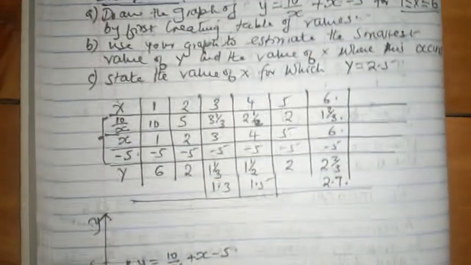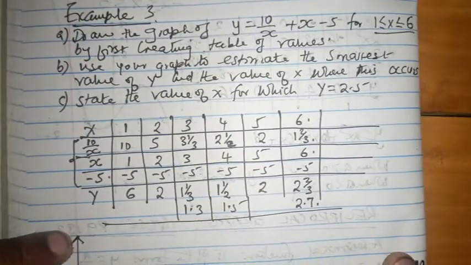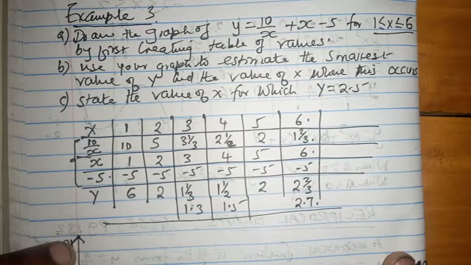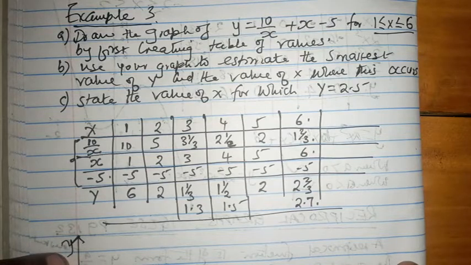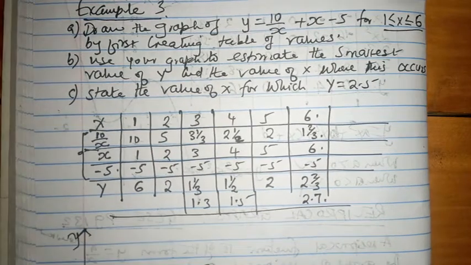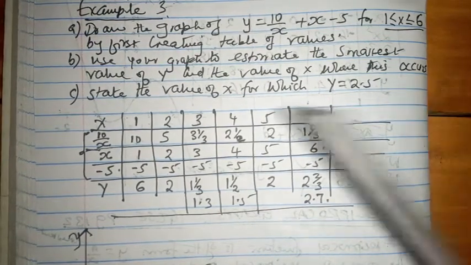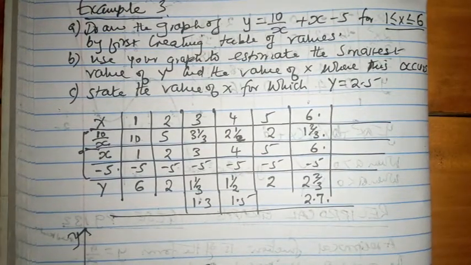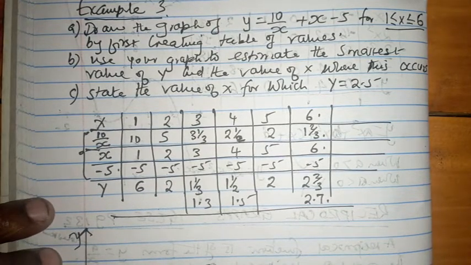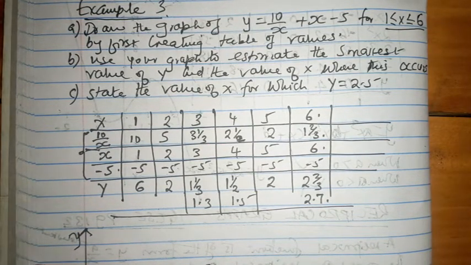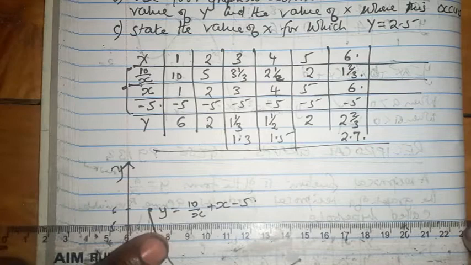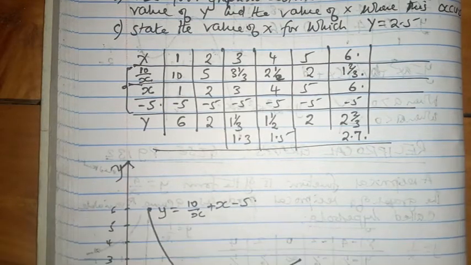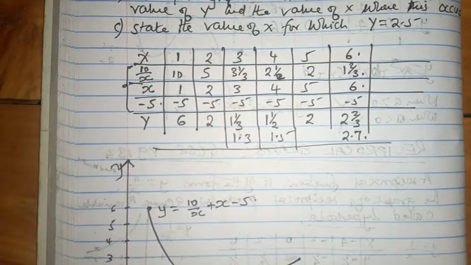Part B says, use your graph to estimate the smallest value of y and the value of x where this occurs. The smallest value of y is around this value.